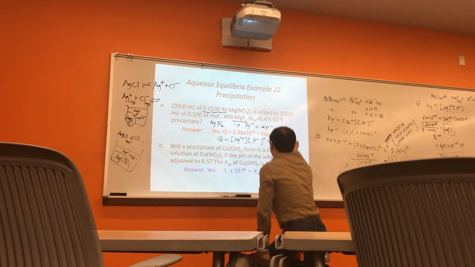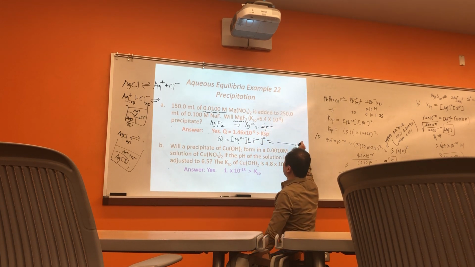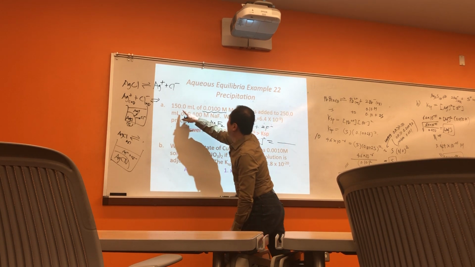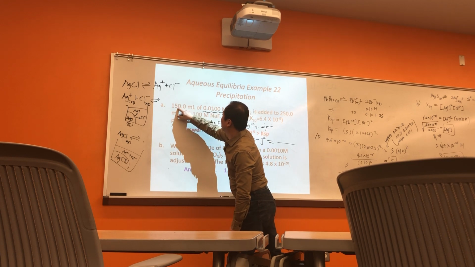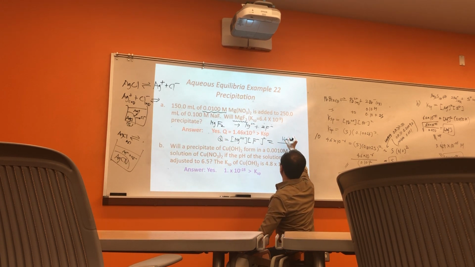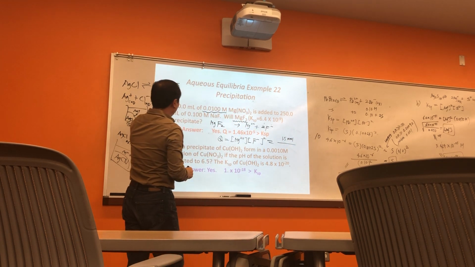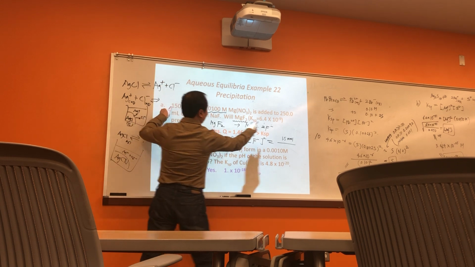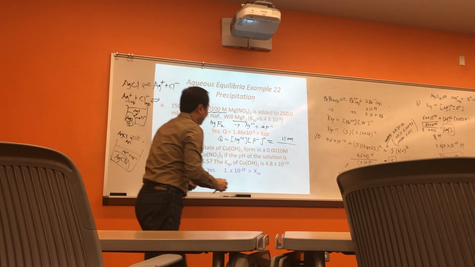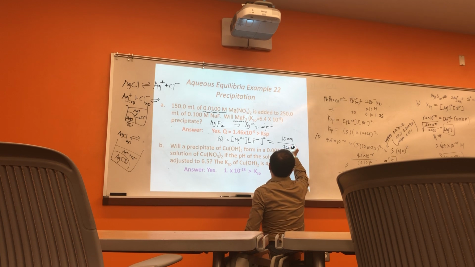So concentration of magnesium together is 0.01, 1 millimole. The total volume, as we are adding those two solutions, will be 400 milliliters. So that's the concentration of magnesium.